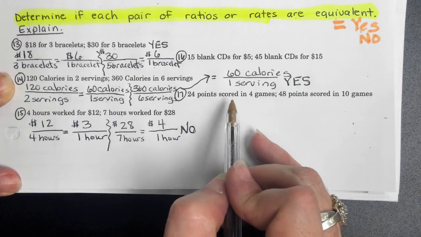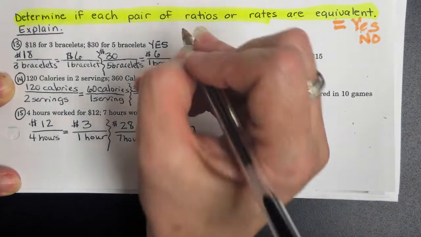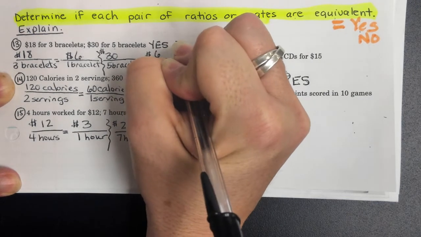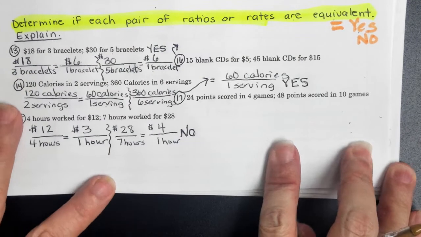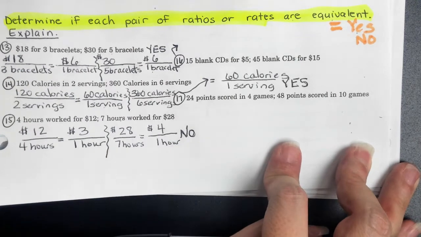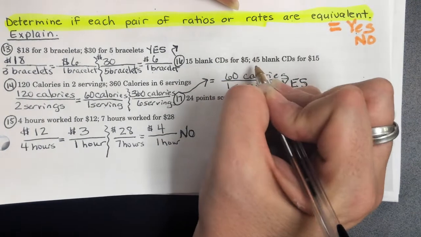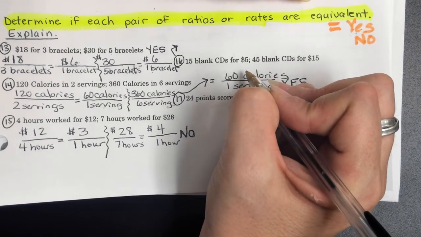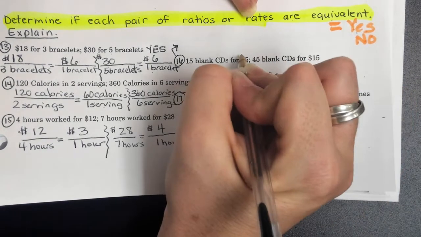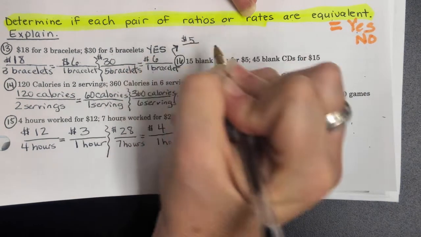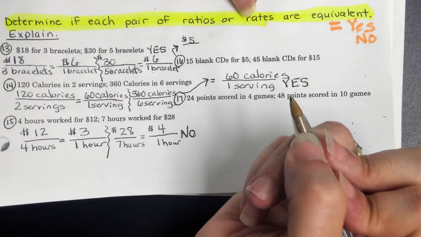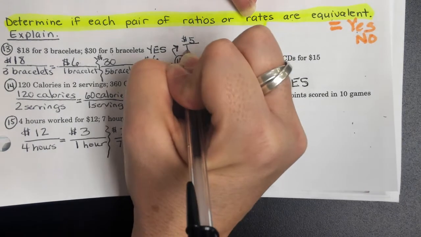I am now going to try to do 16. I think I'm going to do it right up here. No, it's kind of weird. I'm going to do it above it. Okay. It says 15 blank CDs for $5. 45 blank CDs for 15. Here we go. 5 is on top for 15 CDs.